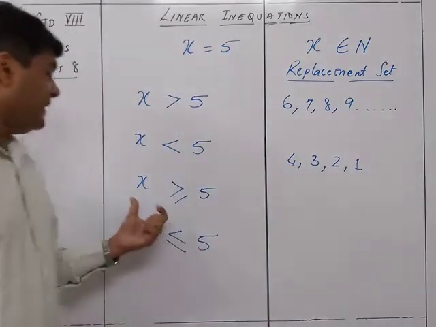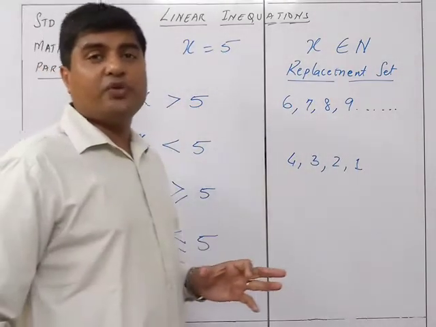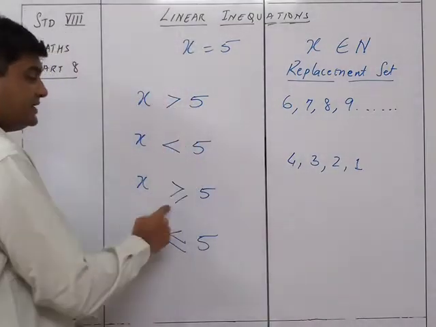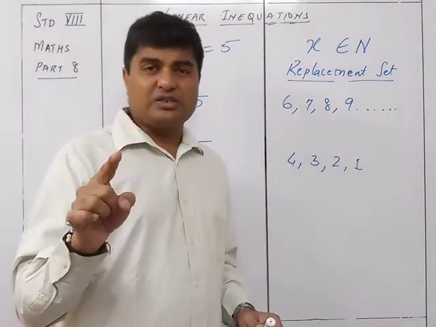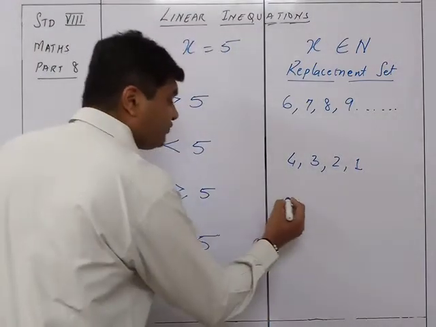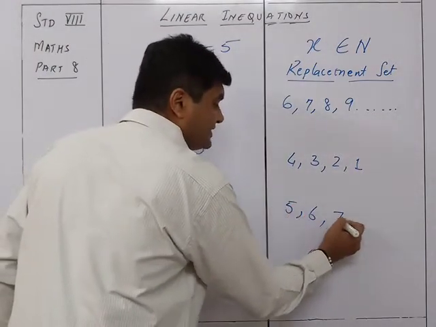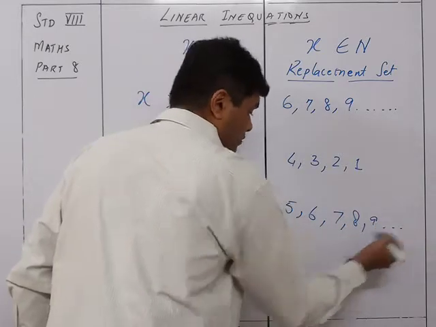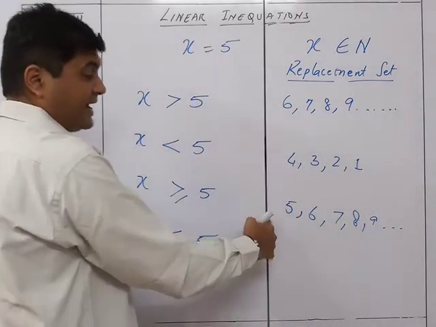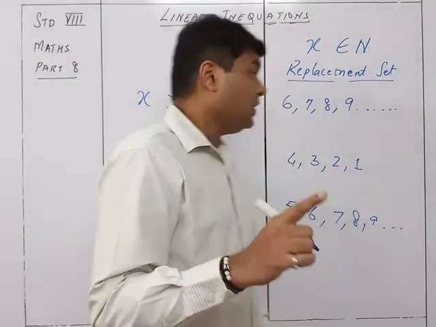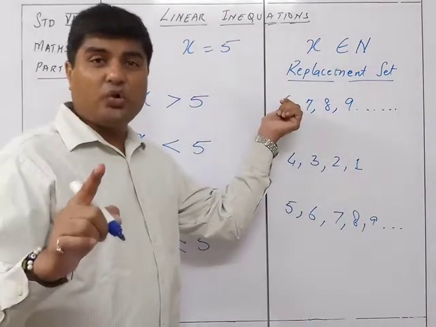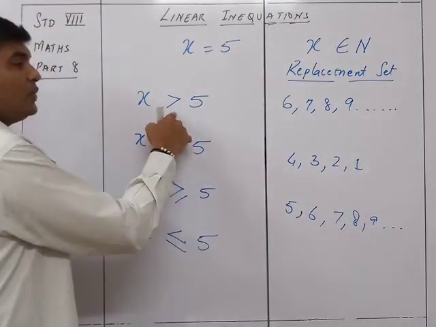Next we see is x is greater than equal to 5. Now the difference between this and the previous one is that in this case 5 is also an answer. So it will start with 5 and then go ahead as 6, 7, 8, 9 and so on. Here 5 is included in the answer, whereas in the earlier case 5 is excluded because it is not equal to 5, it is greater than 5.